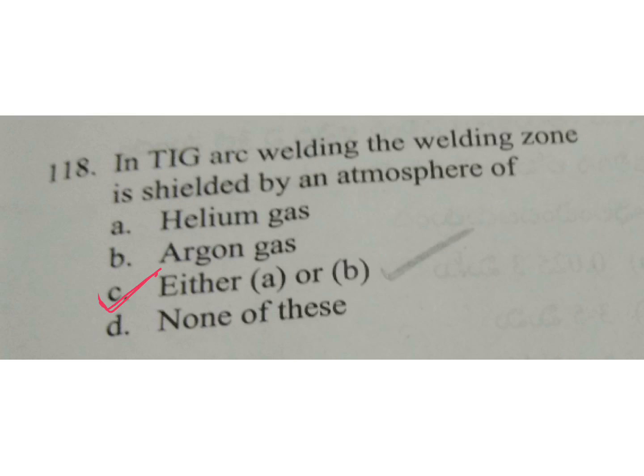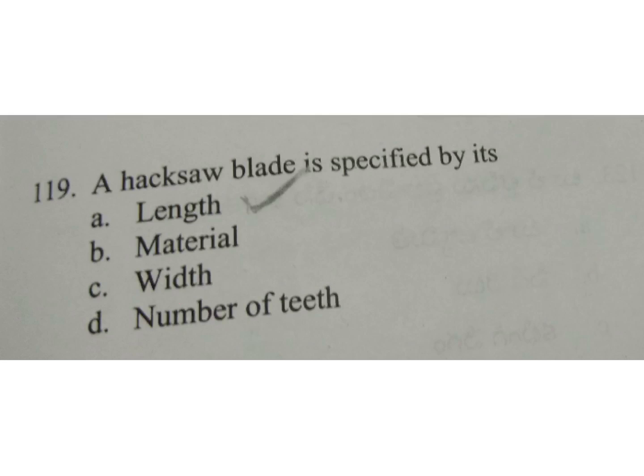A hacksaw blade is specified by its: A, length; B, material; C, width; D, number of teeth. It is specified by number of teeth per unit length, so I think D is the answer. Hacksaw blades are specified by number of teeth per inch, TPI.